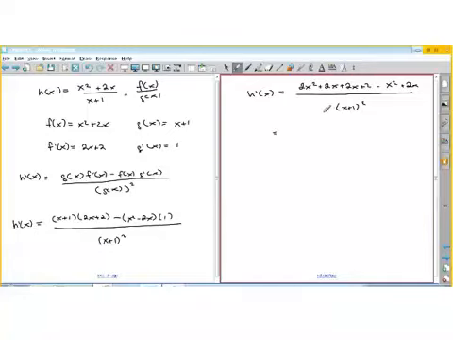So we have 2x squared minus 1x squared. That gives us x squared. We have 2x plus 2x plus 2x, which is 6x. And we have 2 as a constant, all divided by x plus 1, quantity squared. And we can't factor the numerator and get a nice factor, so we will say that's as simplified as we get.